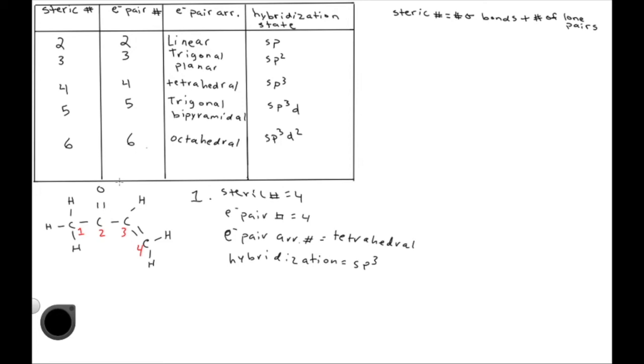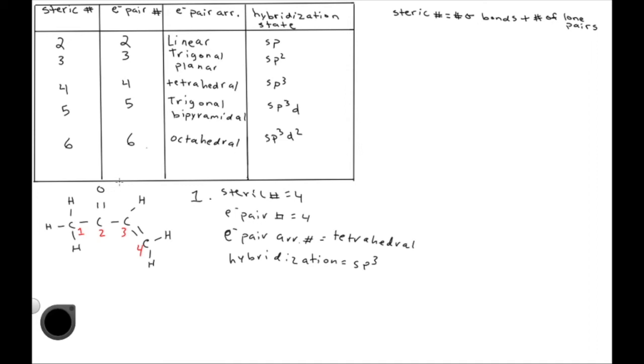Because if you remember, double and triple bonds contain only 1 sigma bond, and also there's no lone pairs. Therefore, our electron pair arrangement is going to be trigonal planar, and our hybridization state is going to be sp2 hybridized. And that's going to be carbon 2.